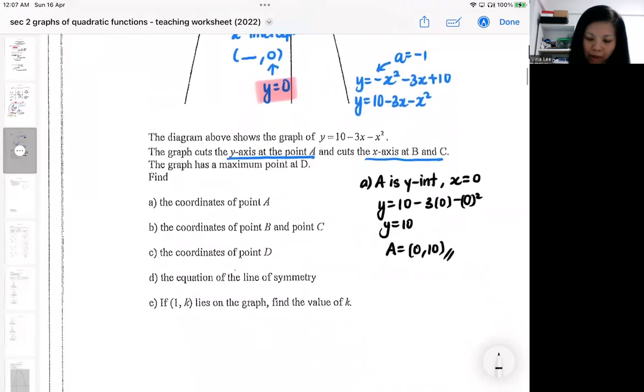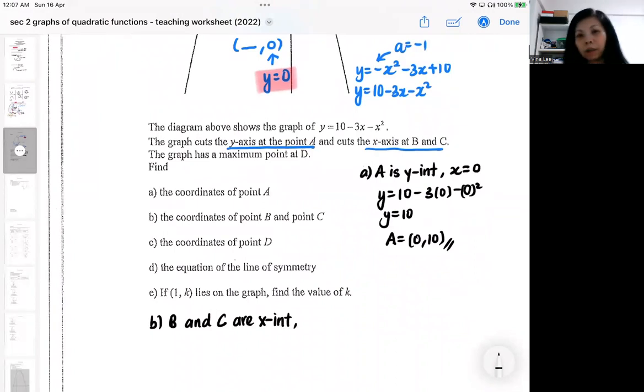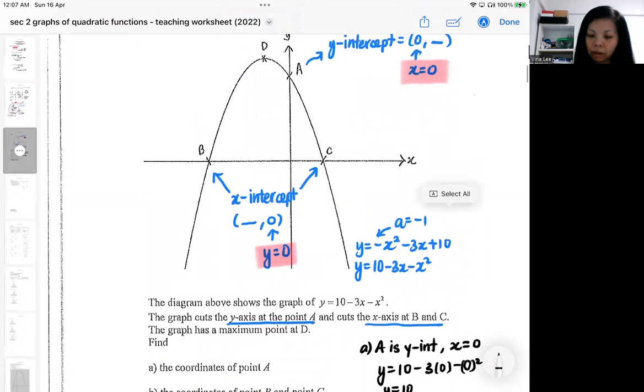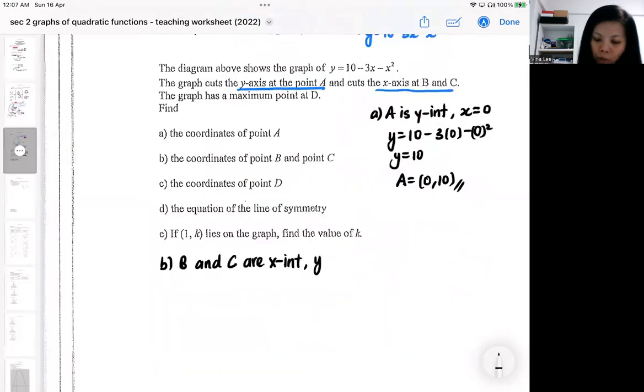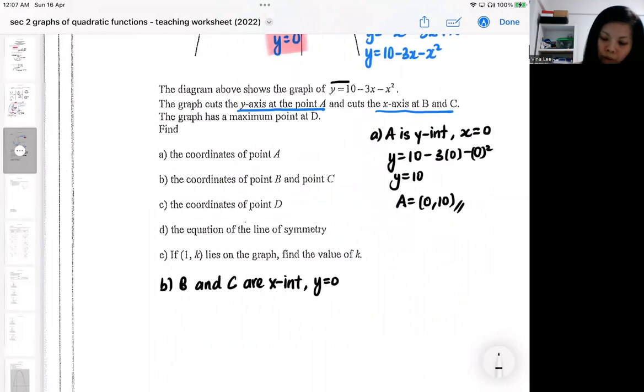Okay, I'm going to squeeze my answer here and there. Okay, so for part B, B and C are the x-intercept. So the feature of x-intercept, like I mentioned, it will always be y equal to 0. So you use the equation and change out the y equal to 0.